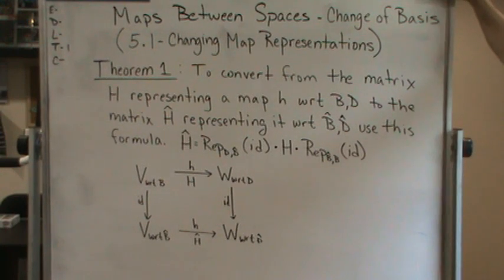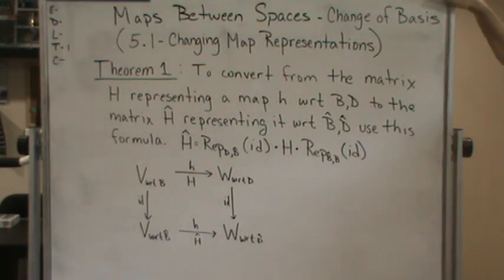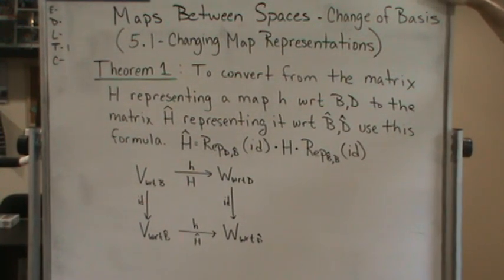Okay, so it says to convert from the matrix H representing a map h with respect to B and D to the matrix H hat representing it with respect to B hat, D hat, use this formula.